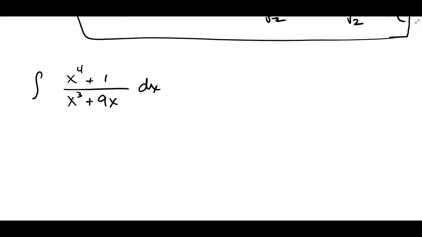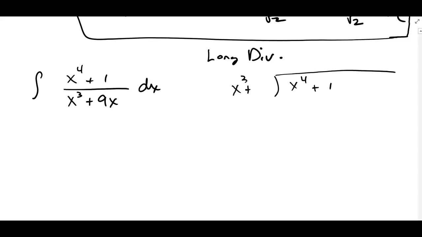You cannot use u-sub on this. You're kind of stuck. But we can go back to long division. Long division simply says I take x to the 4th plus 1 divided by x cubed plus 9x.